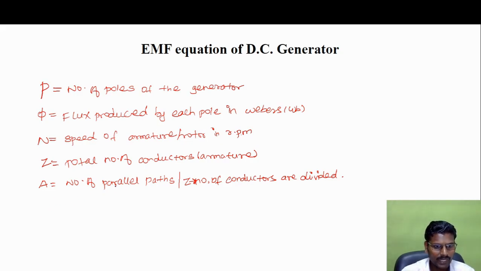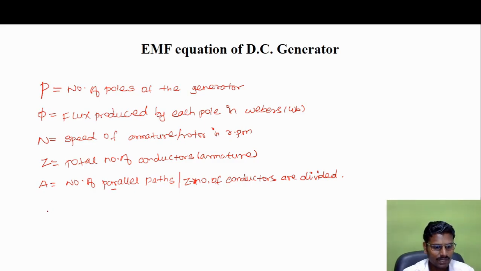So here, parallel path means the number of paths that a current can flow between the generator terminals. There are two categories of winding that can be wound on DC armature slots.